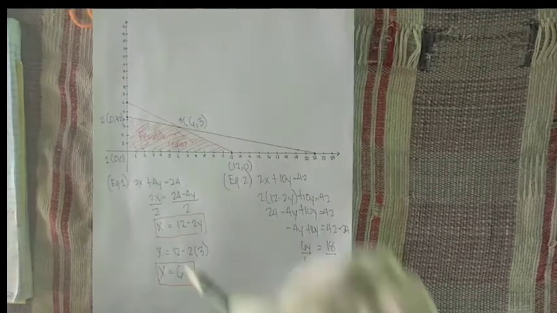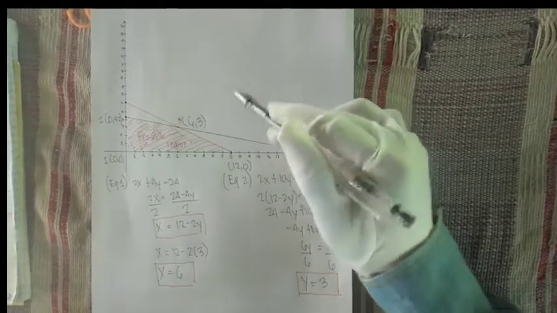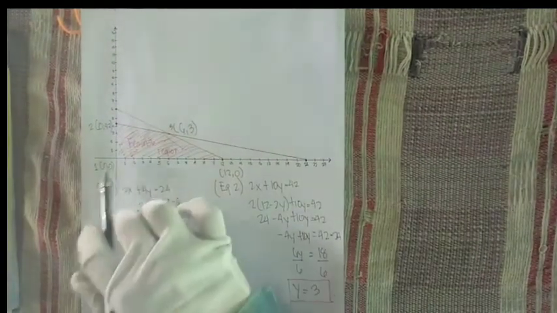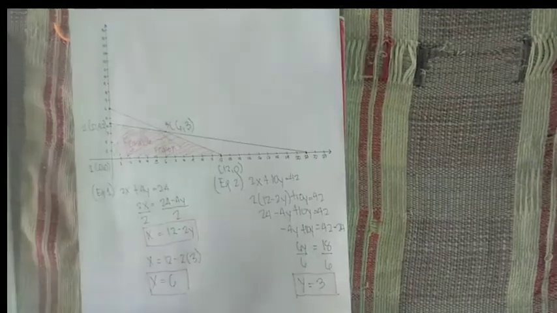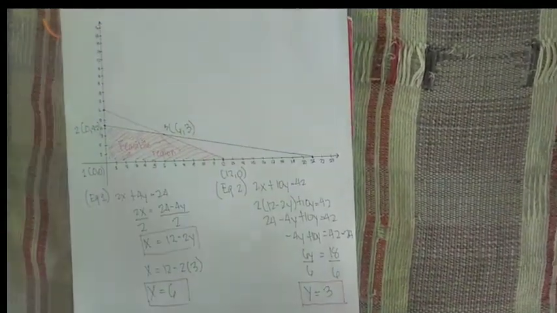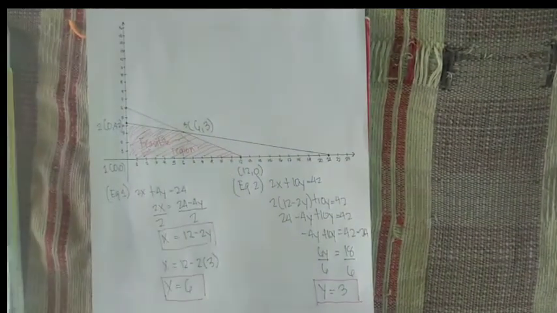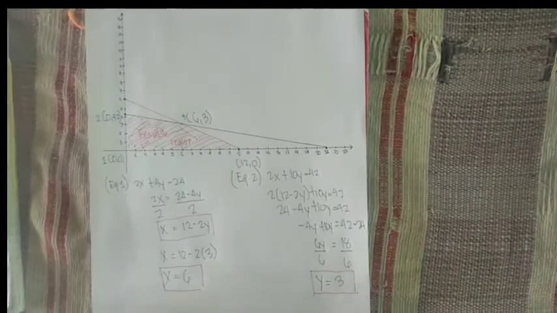So we can now plug them into the objective function to choose the best. So each one of these points, we plug into the objective function to get the maximum value of the LP problem.